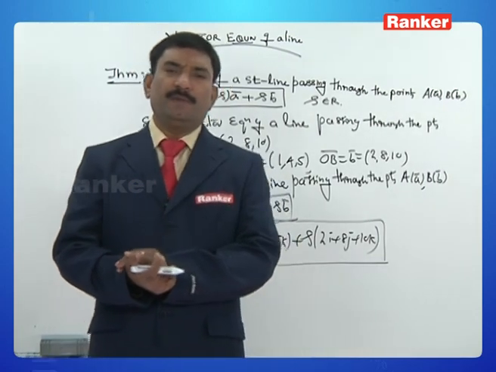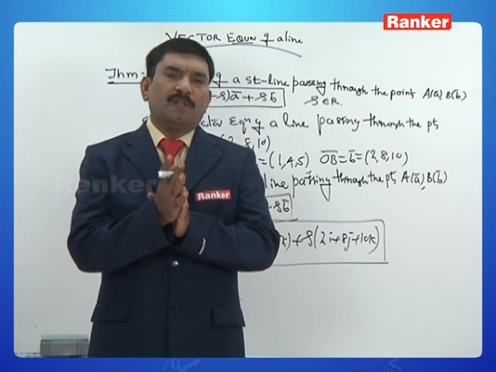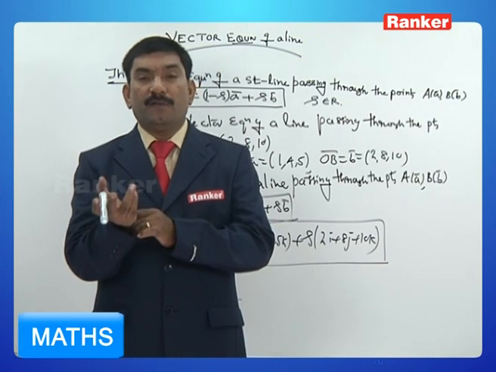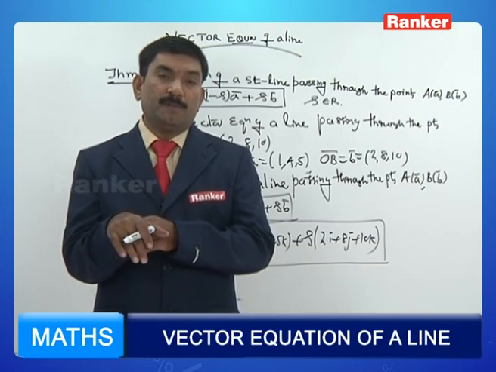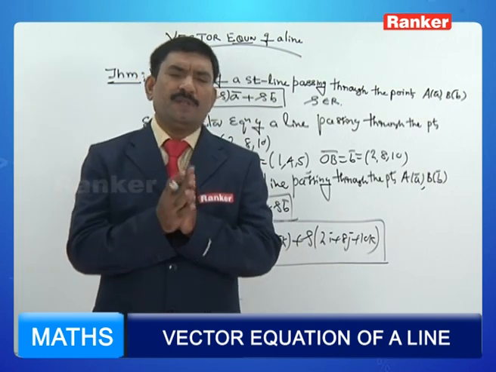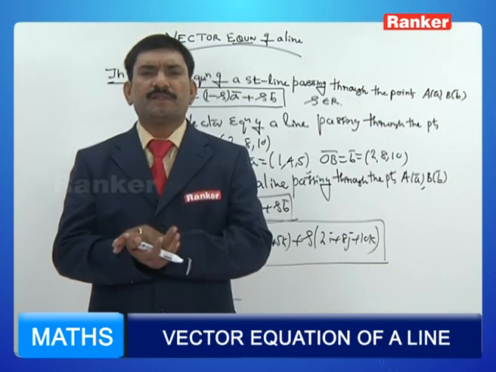Remember, you must be very careful about R bar: the vector equation of a straight line passing through 1 point parallel to one vector, and this one passing through 2 points. But in some problems we use both, because both are vector equations of straight lines.